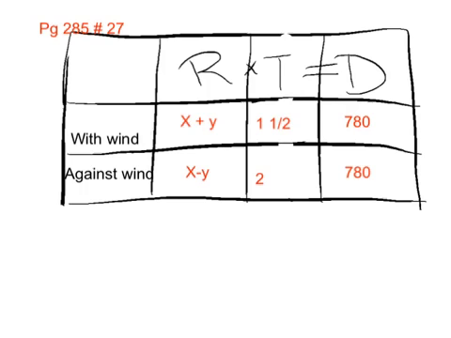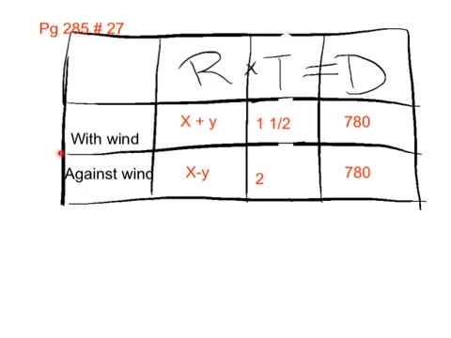As you can see, I've set up a rate times time equals distance chart. And the reason why is because in the problem it talked about a distance being 780, it talked about time it took, and it talked about the speed. So we know, or should know, that it's a rate times time equals distance problem, and we set up a chart. It also is comparing two things.